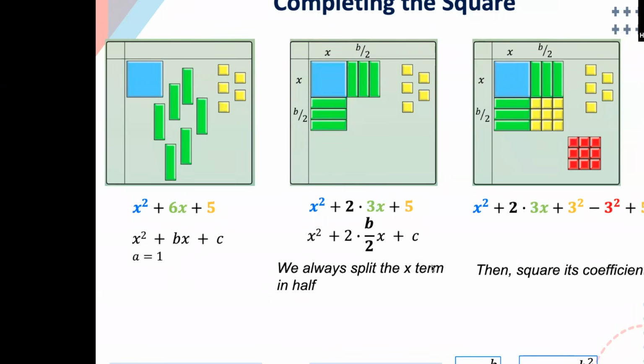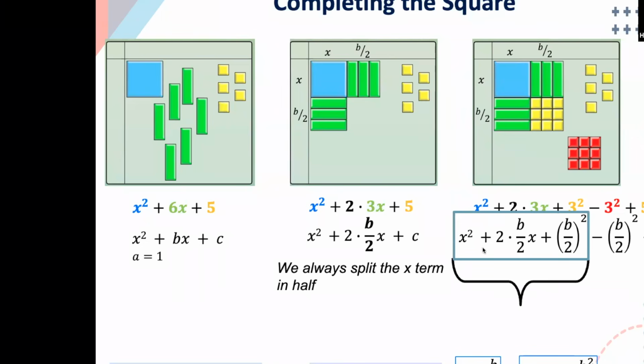Through our experience, we also learned that we square its coefficient. Then I'm going to square its coefficient. We can now apply this procedure into a general equation like this. We are basically adding the square of half of b and subtracting the square of half of b. Then I can rewrite this expression as x plus b over 2 squared, because that's my original square. And what's left over can be seen in this way.